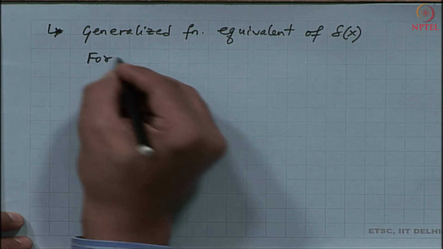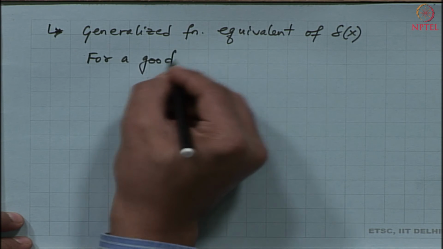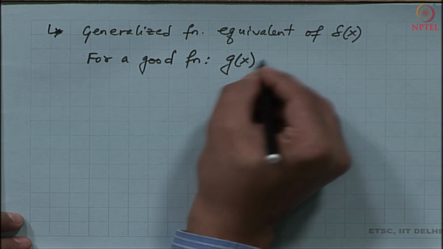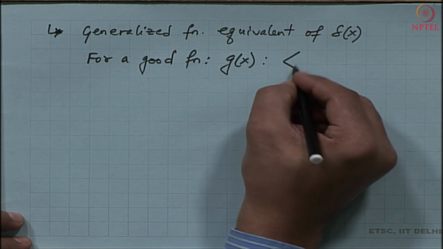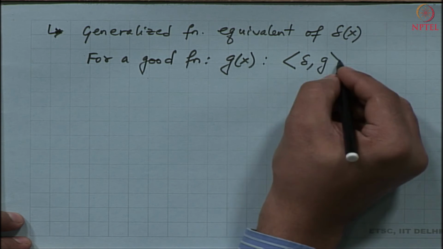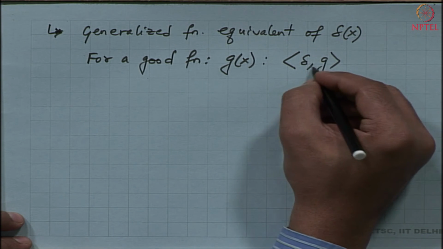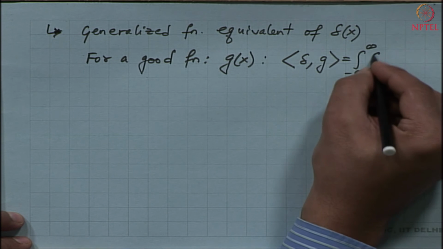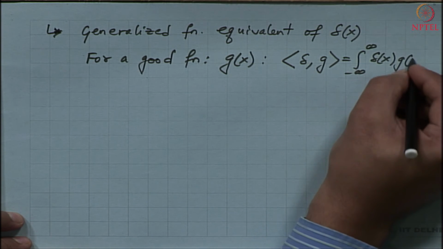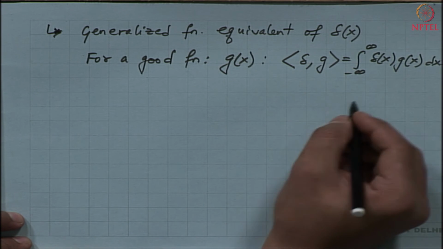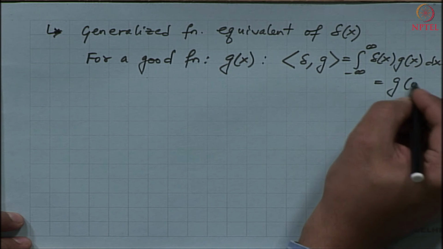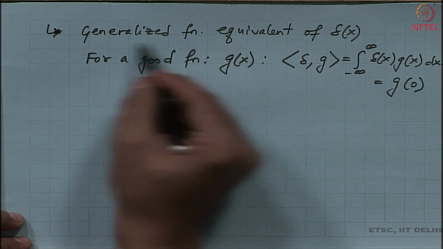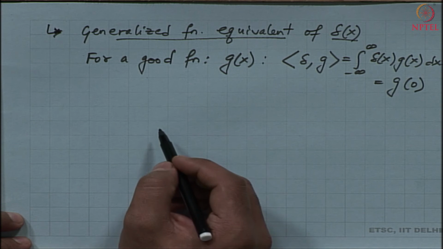So, for a good function g of x, I have this bracket delta comma g, which is defined to be the integral from minus infinity to infinity of delta of x times g of x dx, which is nothing but g at 0, right. So, that is my generalized function equivalent of the delta function.